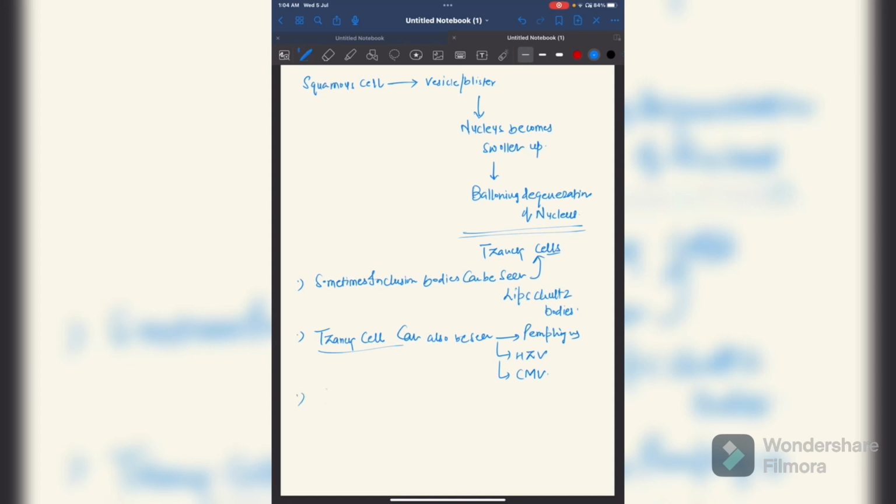Okay, and the smear test is known as the Tzanck test. For this, we use Giemsa stain or Wright stain or Pap stain, right? So this is all about the herpes simplex virus. Thank you.